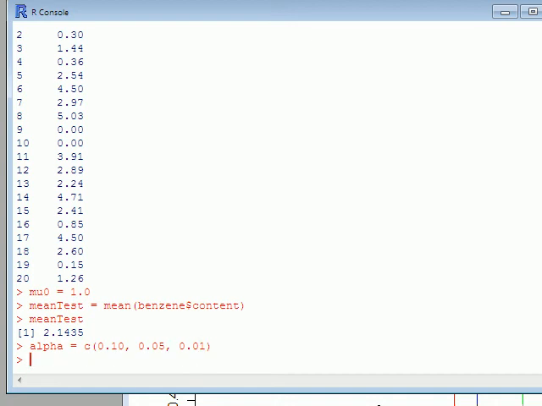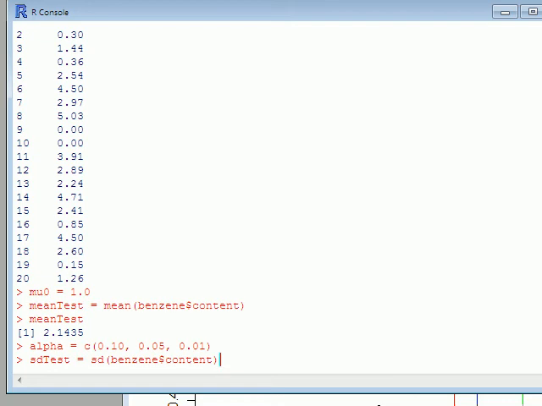Okay, now I need the standard deviation for the test, and that's just SD of the $ sign content. Sometimes in these examples that I'm showing you, I'm putting some overkill in here, but that's just to reinforce all the other commands that you need to be learning up to this point.